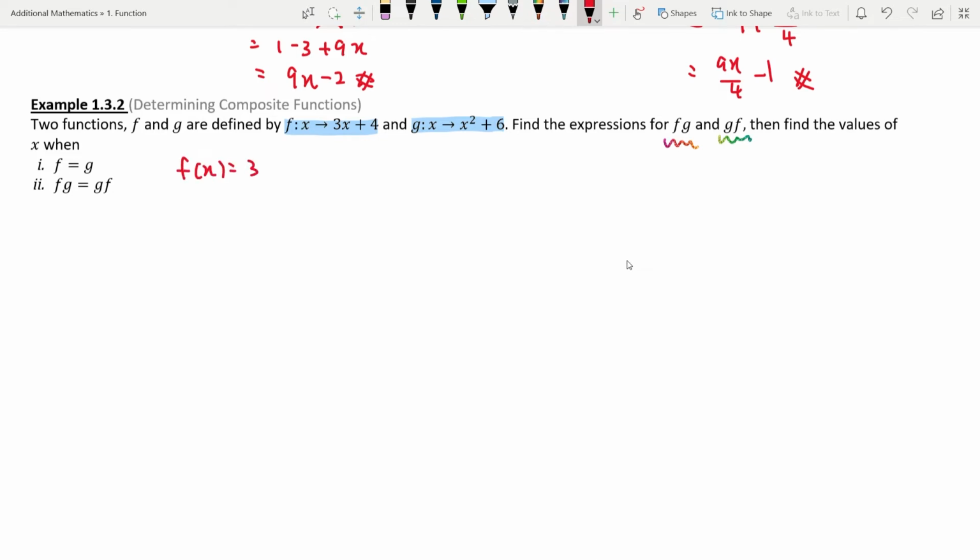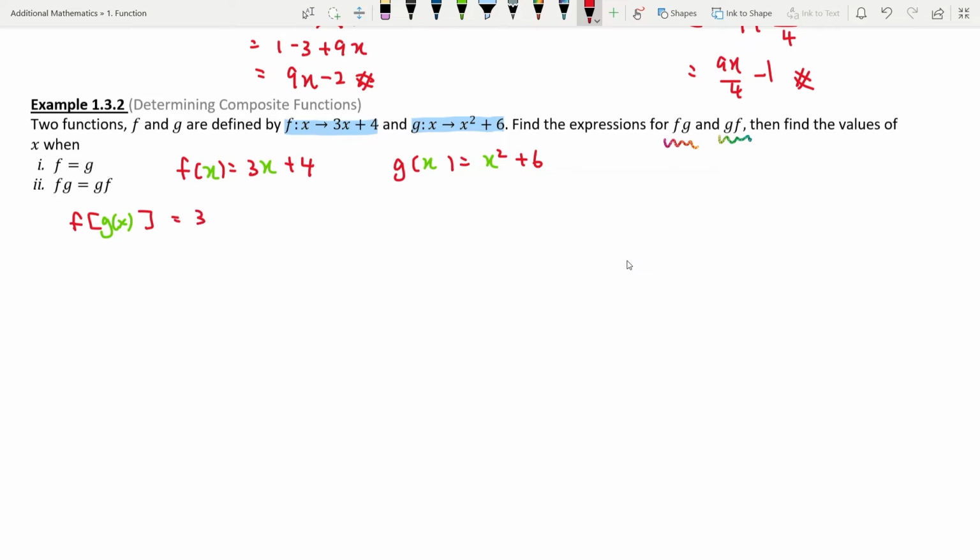fx is equal to 3x plus 4. gx is equal to x squared plus 6. Let me change the color. x is our variable for f and g. First, we need to find f of gx. So substitute the gx into the function f.